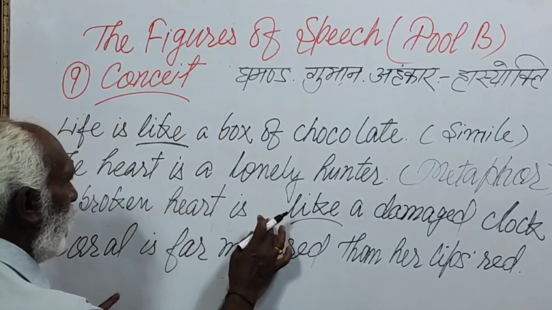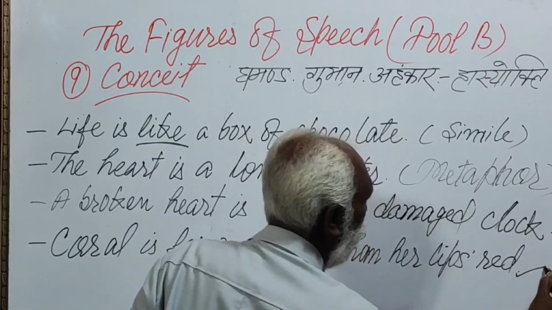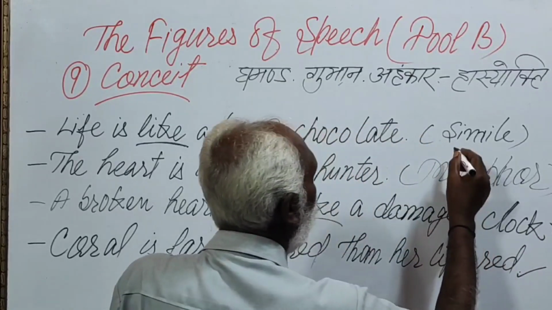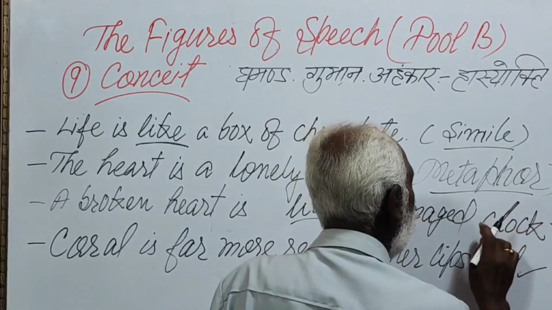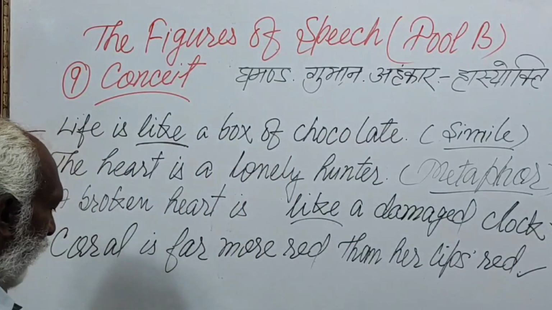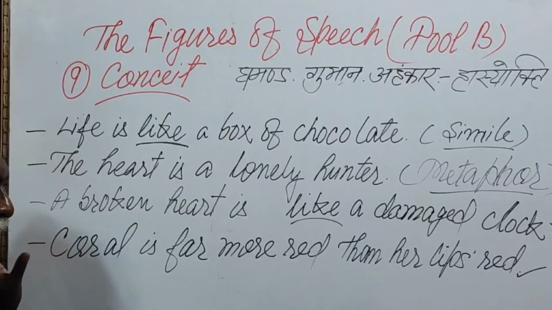So without like, without as, here metaphor. This is now metaphor and this is again simile. So here you see simile and metaphor. In these expressions, figures of speech, simile and metaphor are formed.